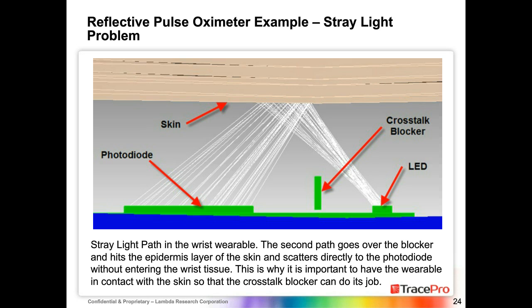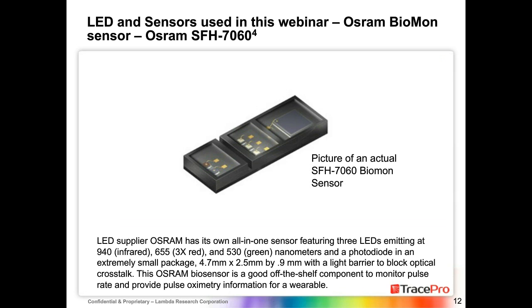Interesting. Okay, thank you, Michael. Would you like to make any closing remarks? Yeah, I did have one thing to say. This happens to be the Osram Biomon. And inside here, I just want to let everyone know that this is not just a simple system. There's actually 5 LEDs in here.